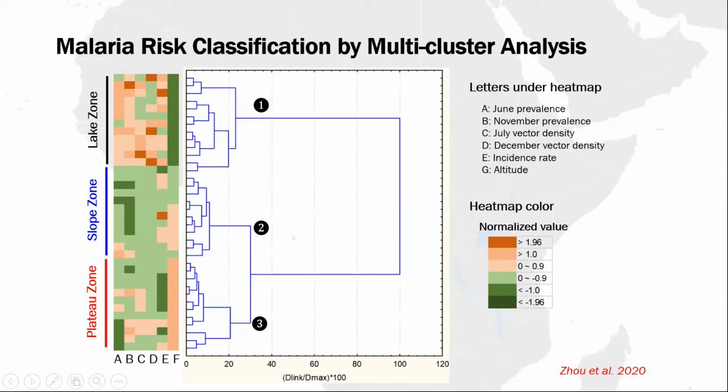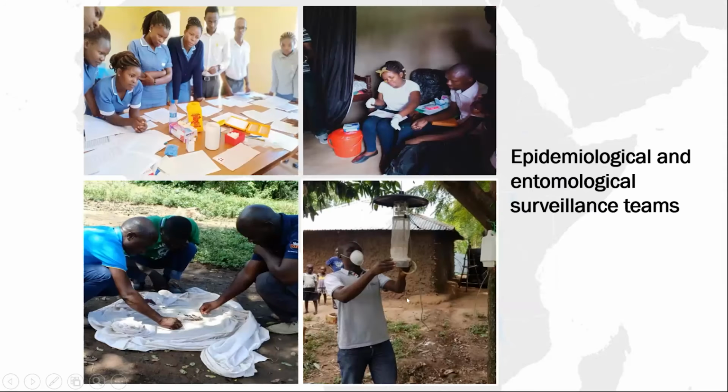This is after adjusting for elevation, and it shows that if a malaria control manager wants to maximize the meager resources that they have, then they would definitely want to concentrate on the lake zone. This information is found in one of our publications.